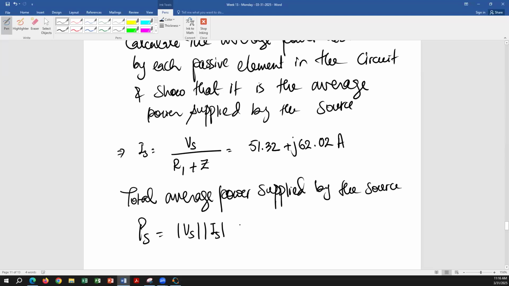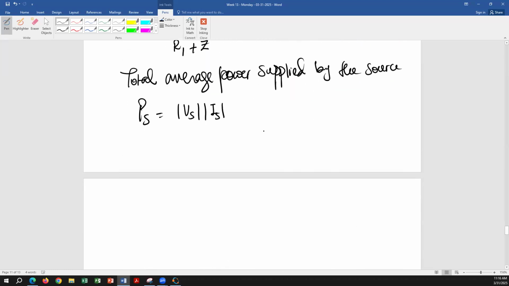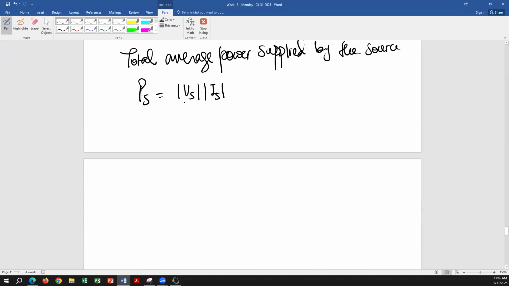And again, the problem does not mention whether this quantity is peak or RMS. So we can assume it to be peak and calculate based on that. That means we're going to have Vs over square root of 2, the RMS value, and then the cosine of the phase of Vs minus the phase of Is.